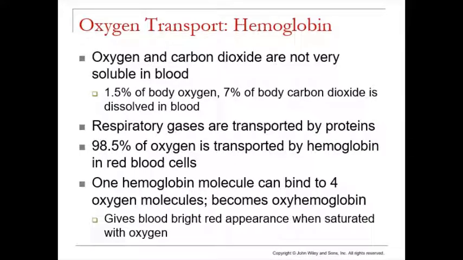Turns out no. It's transporting most of the oxygen in your body, about 98.5%. So what about the rest of the oxygen? What about the other 1.5%? Turns out that 1.5% of oxygen in your body that's not carried by hemoglobin is just dissolved in your blood. Remember, oxygen has solubility. It can dissolve, but only a little bit. Only about 1%. The rest of your oxygen gets carried by hemoglobin.